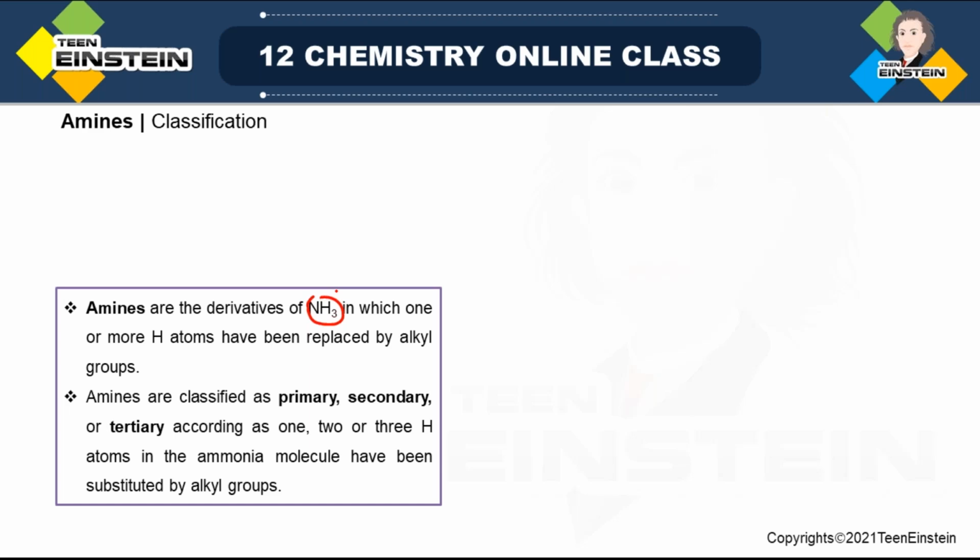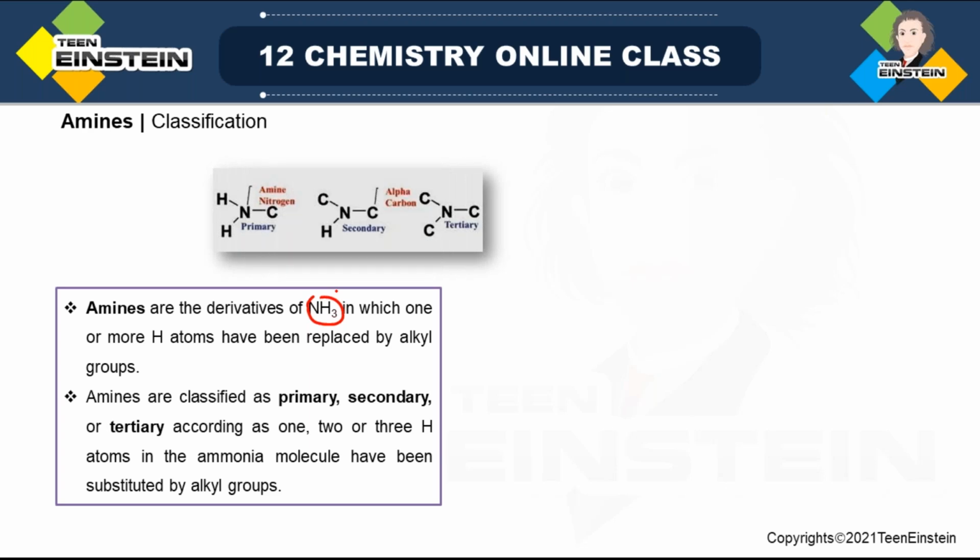Now these amines you can classify as primary, secondary, tertiary, and that depends on how many hydrogen atoms are directly attached to nitrogen. So for example, that is a simple way how we can represent it.